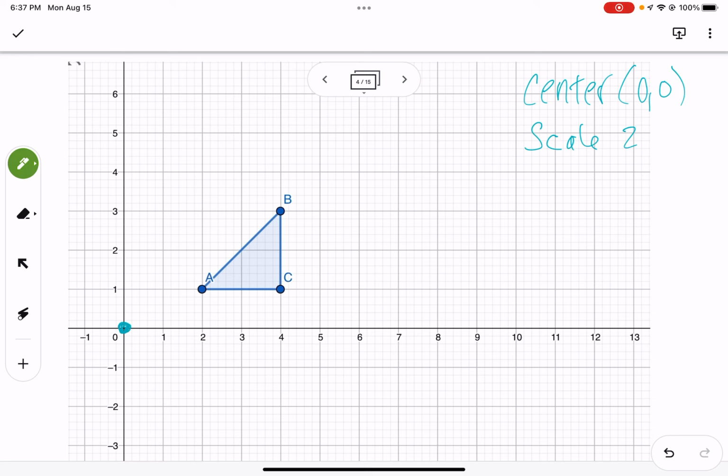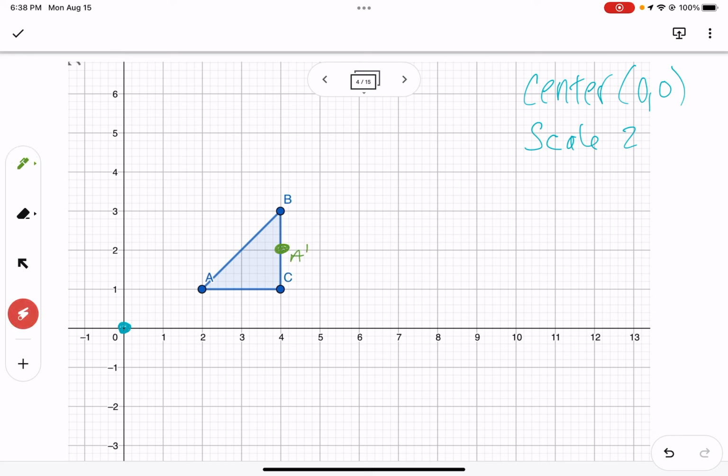We want to double the distance. So if the distance used to be 1 up, now it has to be 2 up. So that's 2 up instead of the 1 up. And then it has to be 4 instead of 2. So let's erase that because you have to do both at the same time. So double that, and so this is our A prime now.